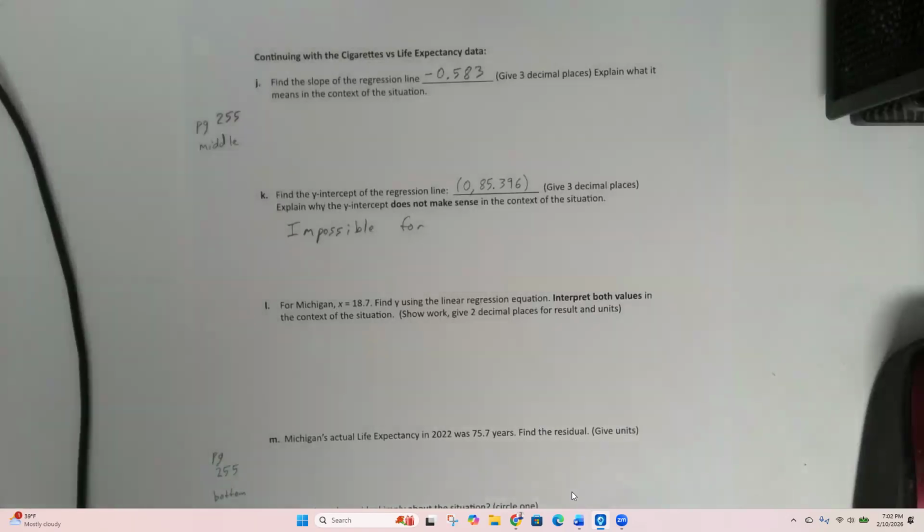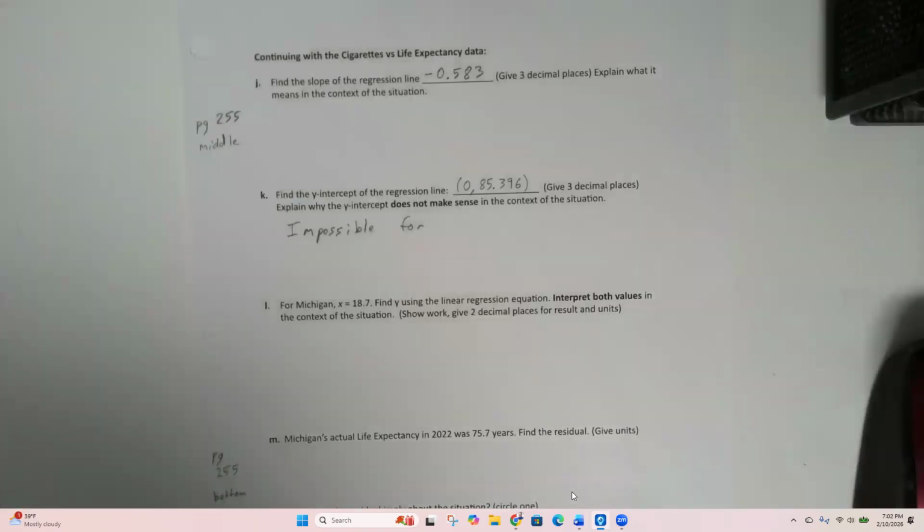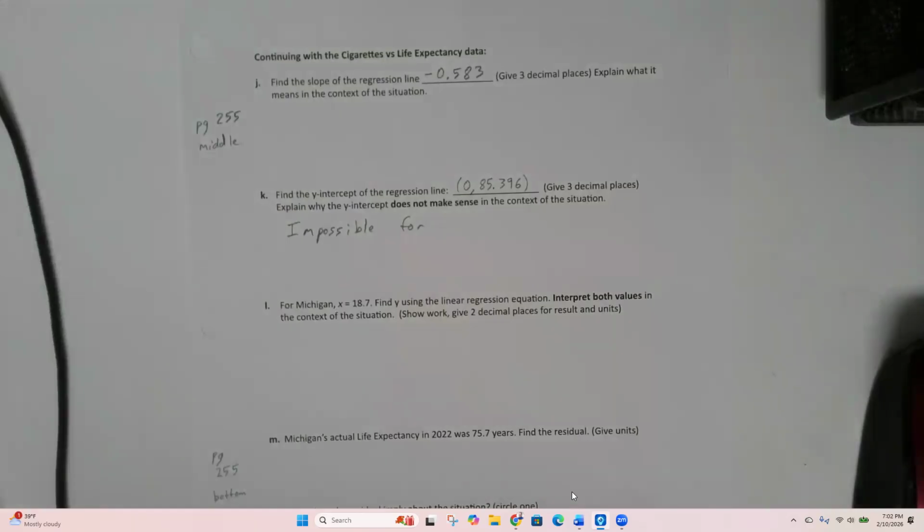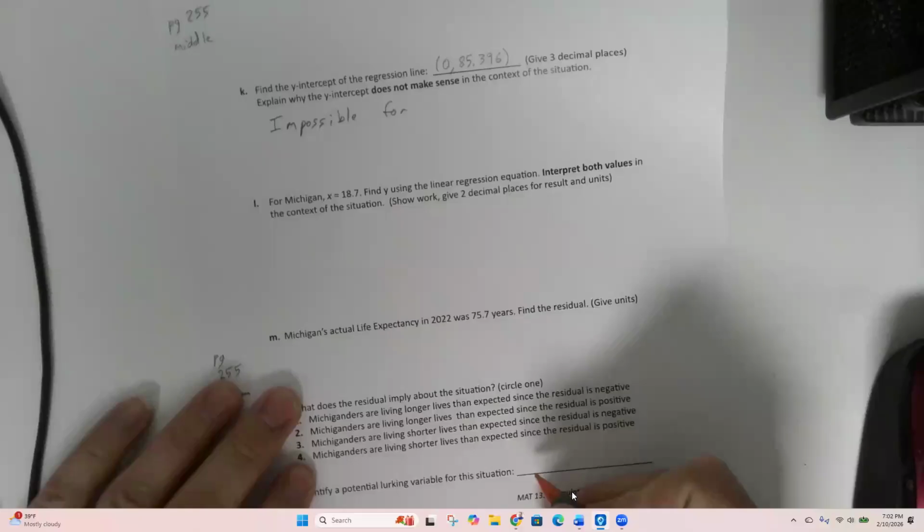So, what would be something that could cause people to use cigarettes more and not live as long? So yeah, I agree. I like your answer, Rias. Stress, right?